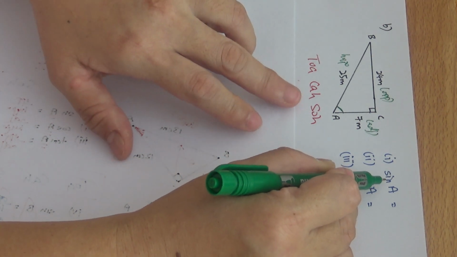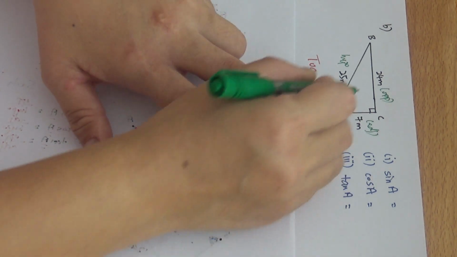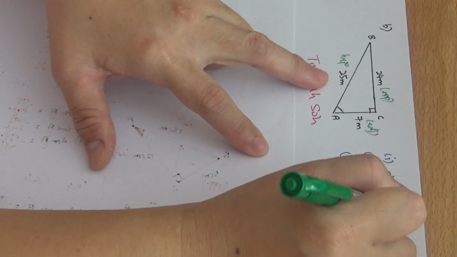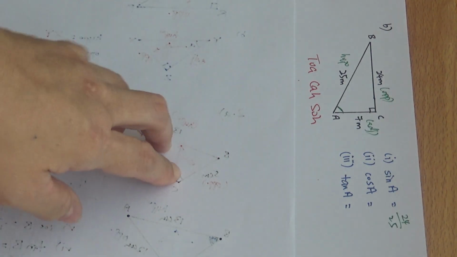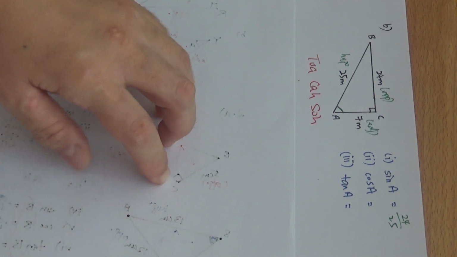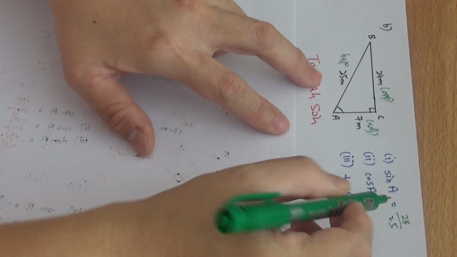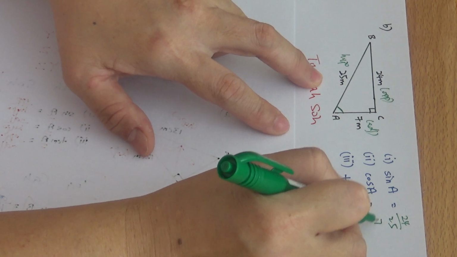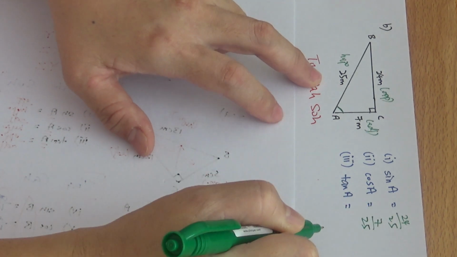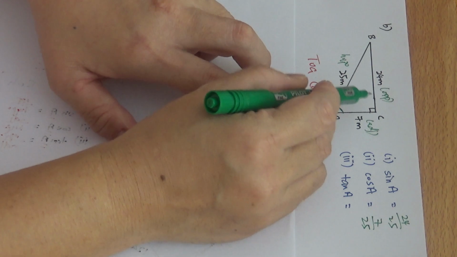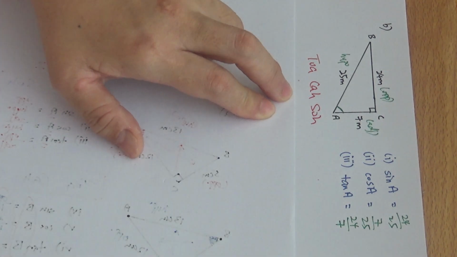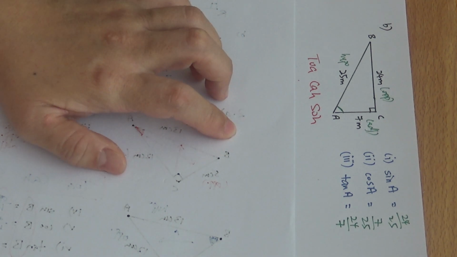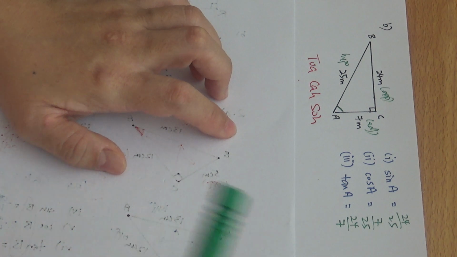Now, sine is opposite over hypo, so it will be 24 over 25. Cosine is adjacent over hypo, so it's 7 upon 25. And tangent is opposite over adjacent, so it's 24 upon 7. So this is how we get the sine, cosine, tangent of angle A.